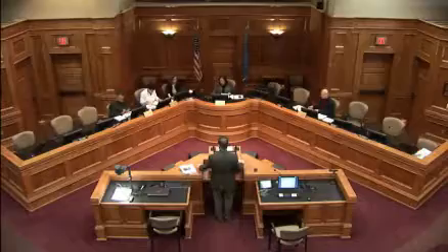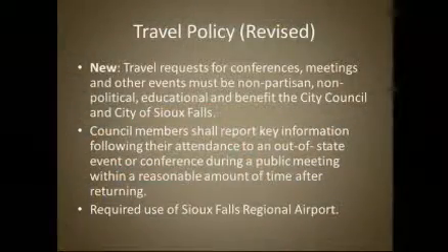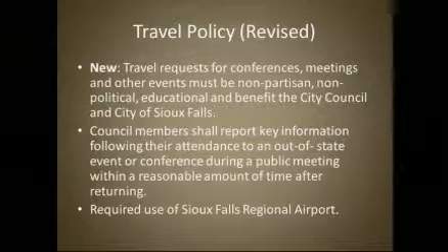The travel policy did go through some changes. The committee adopted some verbiage, and I'll actually just read this verbatim. The travel requests for conferences, meetings, and other events must be nonpartisan, non-political, educational, and benefit the City Council and the City of Sioux Falls.